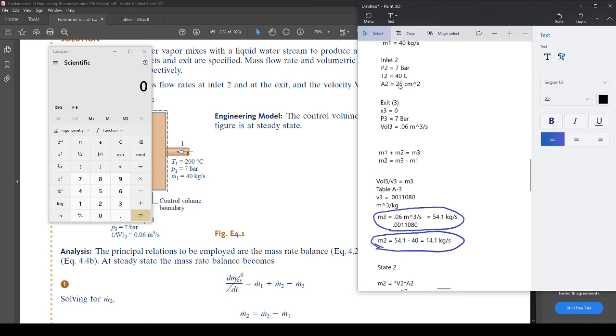Pretty sure it's 0.25, right? Remember, these are centimeters. Divide by 100. We have to turn it to meters.